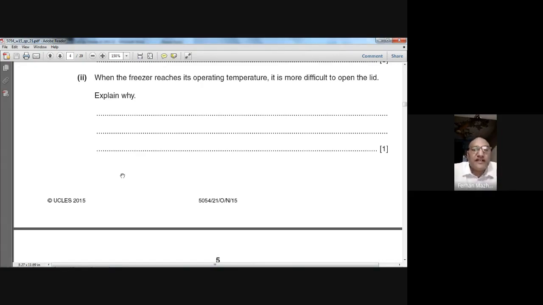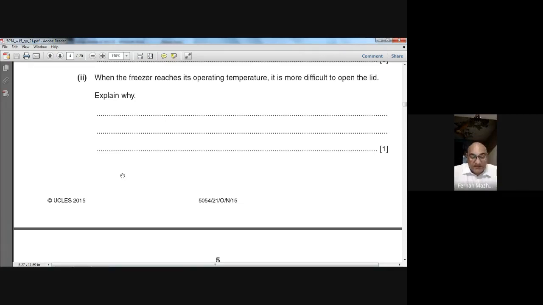The air outside the freezer has a pressure, we call it the atmospheric pressure, and that is acting downward. The air inside the freezer also has pressure, but we have already learned in B first part that the pressure of the air inside the freezer drops.